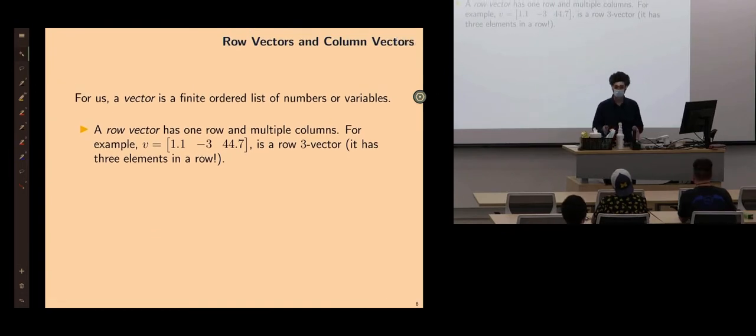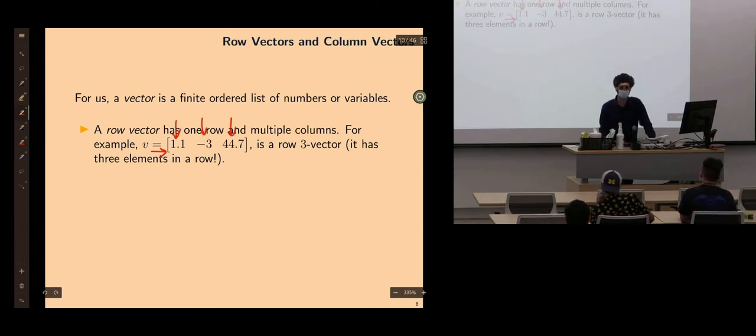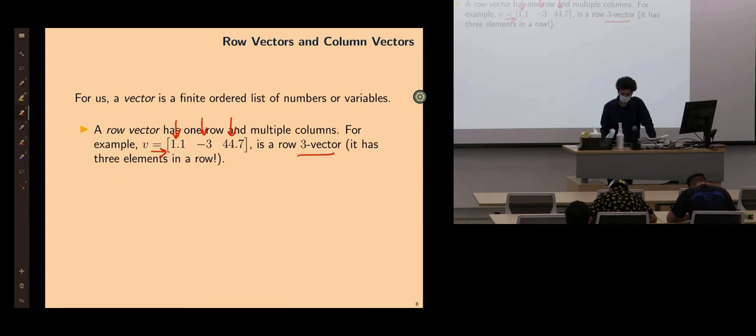Now we have two options. A row vector has one row and multiple columns. If I call this one row, and then I have 1, 2, and 3 columns here. So V is a 3 vector, is a row 3 vector. 3 because it has 3 elements or entries. And it's a row vector.